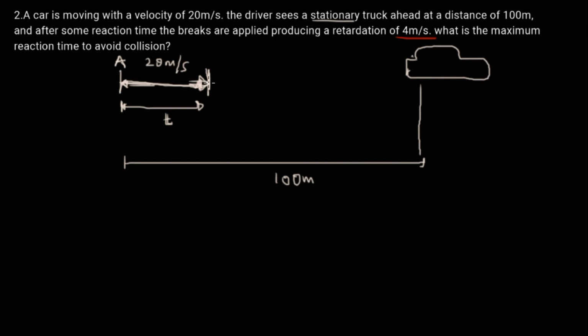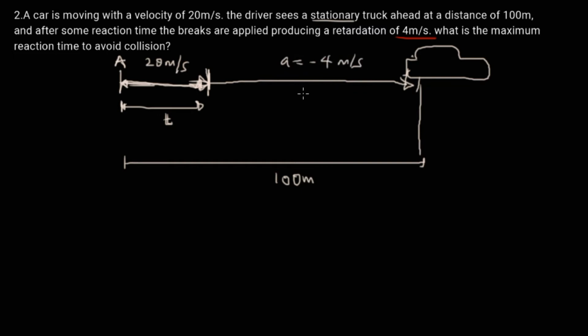During the application of the brake, the car also moves a particular distance. Don't forget that upon the application of the brake, the car begins to decelerate. So the braking distance is the same thing as the distance during deceleration. When the brakes are applied, the retardation is minus 4 meters per second squared.